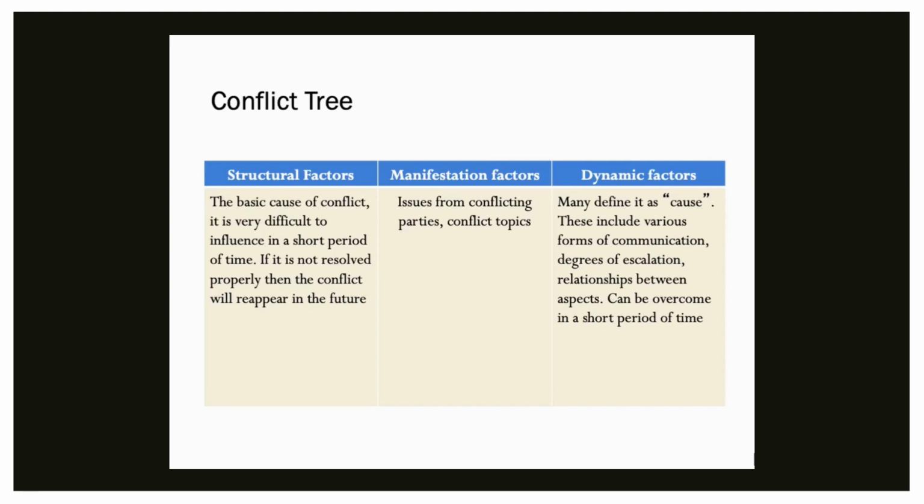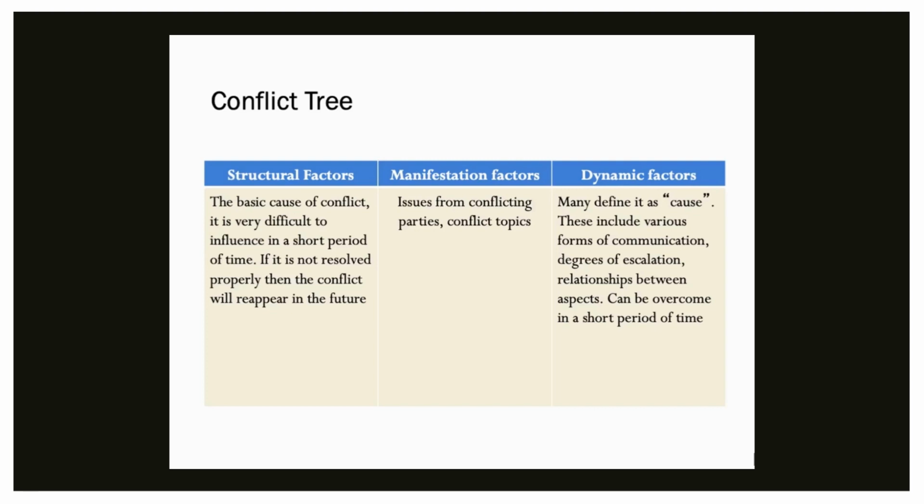But we know that these are the root causes of conflict. But the manifestation is an important thing. The issue from the conflicting party or the conflict topic is the real source of conflict.